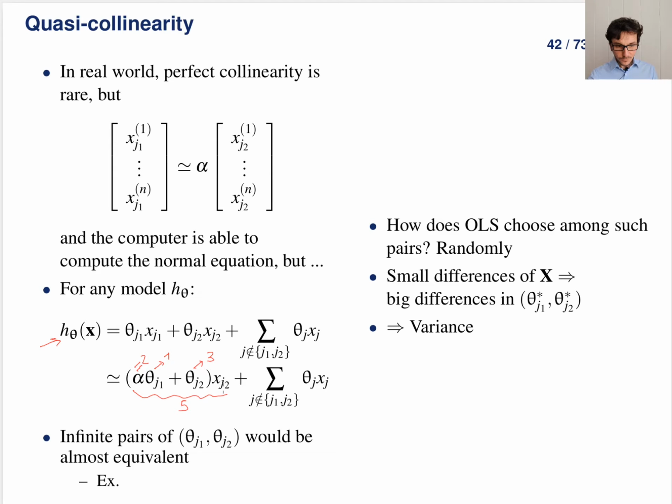Okay. So now observe that this model is exactly equivalent to this other that I'm writing here, in which theta J1 is equal to, for example, 200, and theta J2 is equal to minus 395.